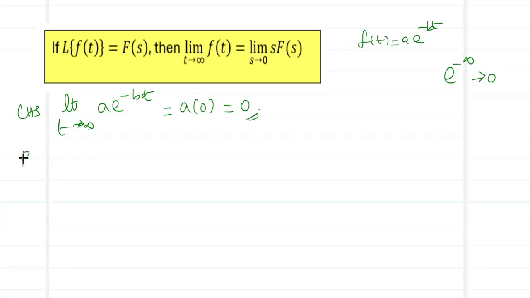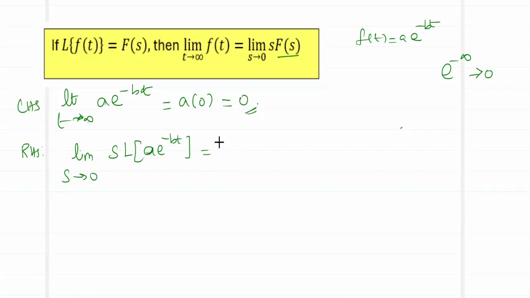Now let me move to my right hand side. Limit s tending to 0 of s into F of s, where F of s is the Laplace of a e power minus bt.